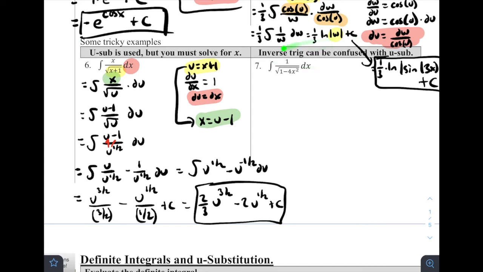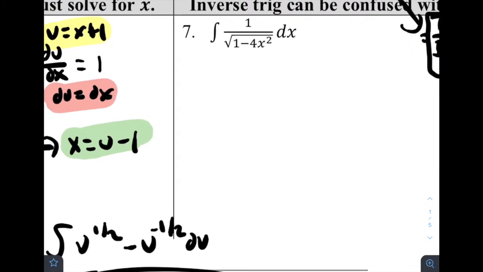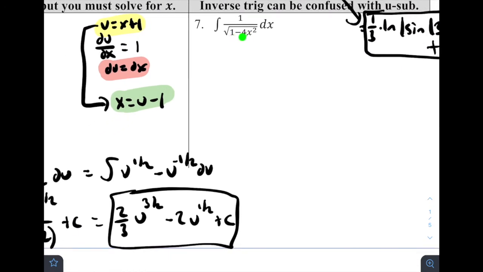Inverse trig can be confused with u substitution. Well, this is actually a problem here that, I'm looking at it, and I'm like, well, maybe 1 minus 4x squared is my inside. But this is one where if you know your inverse trig functions, your derivatives and antiderivatives, you might recognize that this is the same thing as the integral of 1 over the square root of 1 minus 2x quantity squared dx.